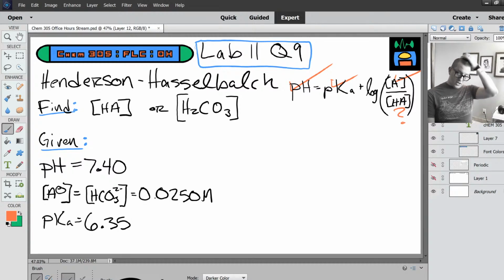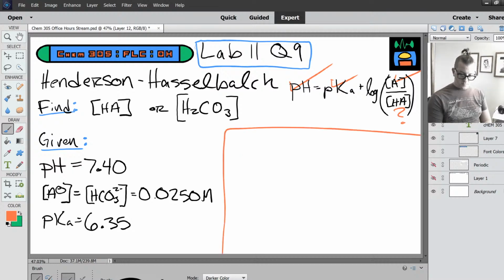Now we just have to solve for the denominator of our logarithm. This will require us to flex our algebraic prowess a little bit, but we can get there. Let's do some algebra.